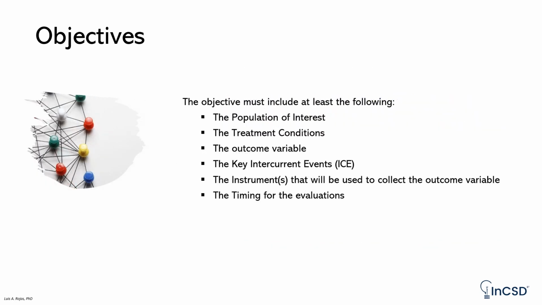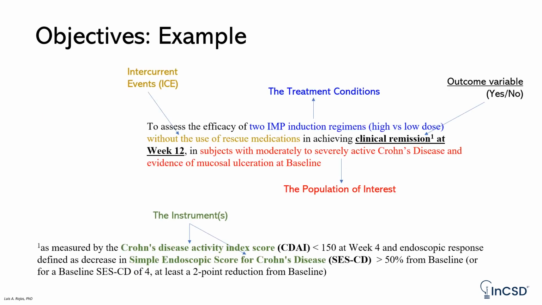When writing the objective, it is imperative to be very clear and include all the key attributes. For example, the population of interest, the treatment conditions, the outcome variable, the main intercurrent event that could impact the interpretation of the endpoint associated with the objective, the instrument that will be used to collect the outcome variable, and of course, the timing for the evaluation.